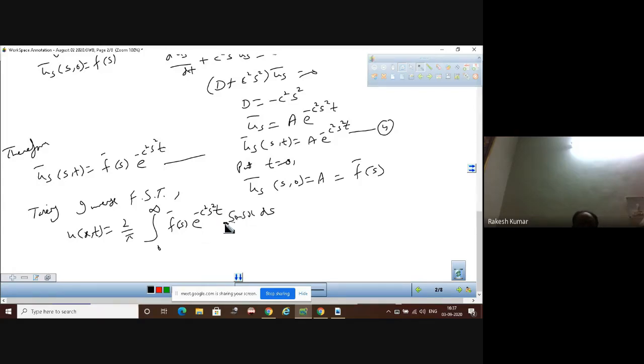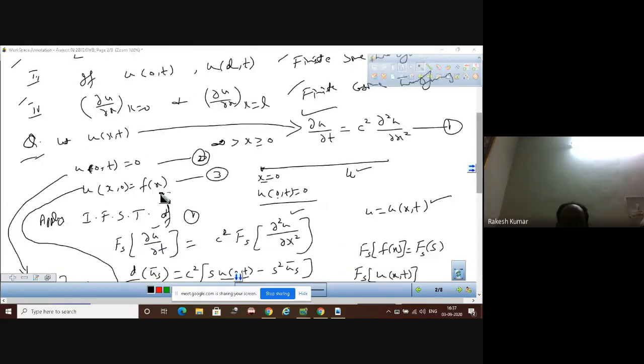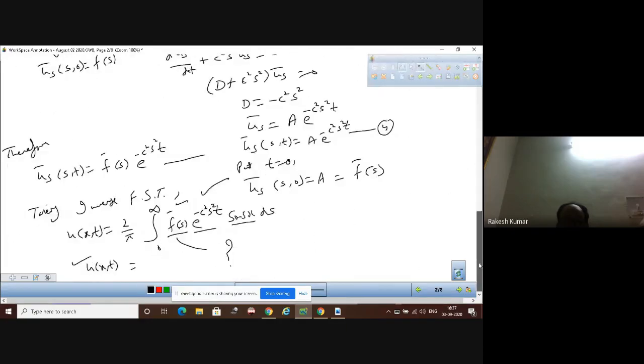If you have the value of this function, probably you will be able to find out this integration, and that integration will be the value of the required solution. But here, because we don't know the value of the function f(x), as it was given as a function f(x) in condition 3, it means you have to stop the solution here. So this is your required solution.